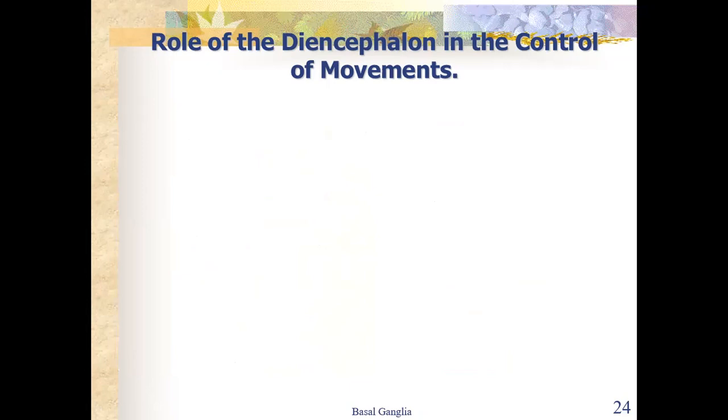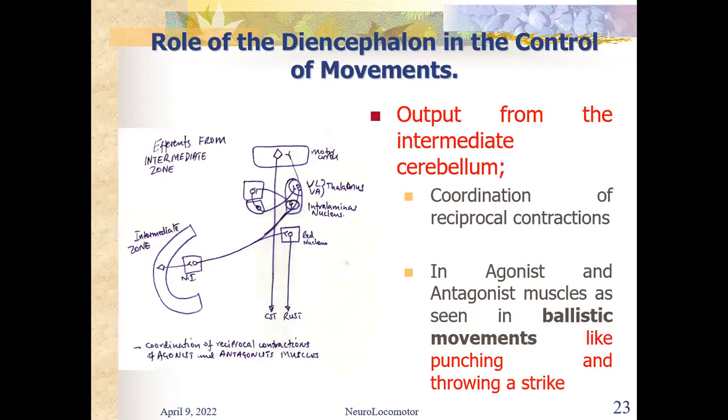Those actions are coordinated and the efferents are sent from the intermediate zone of the cerebellum up to the motor cortex. So the coordination of that action is through this pathway that you have seen here.